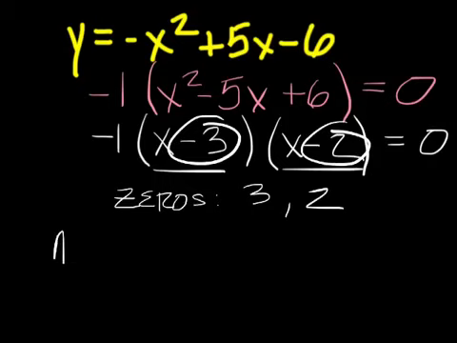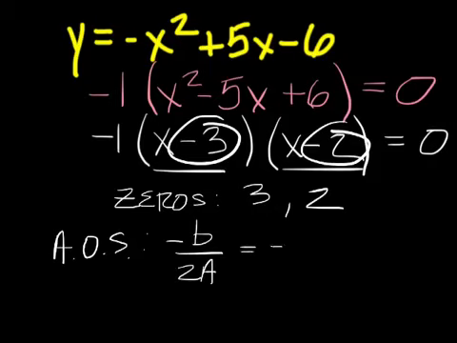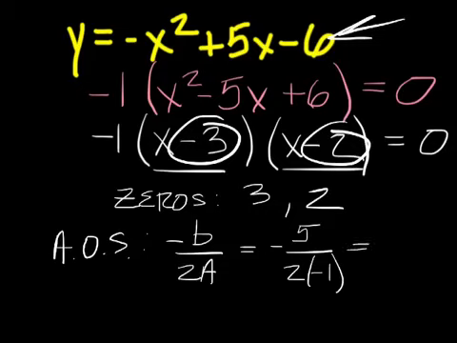So now it's the axis of symmetry. That's a negative b over 2a. So what's my b? 5. And the a is what? Negative 1. You have to refer back to the original equation here. So the axis of symmetry is going to be what as a mixed number?